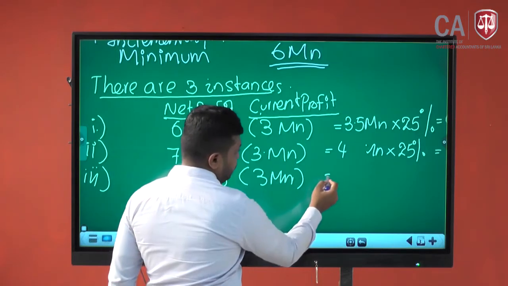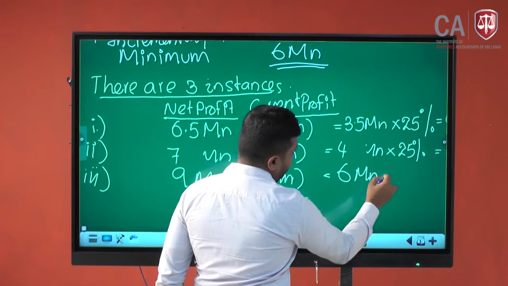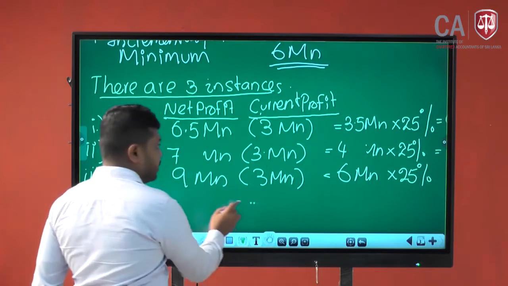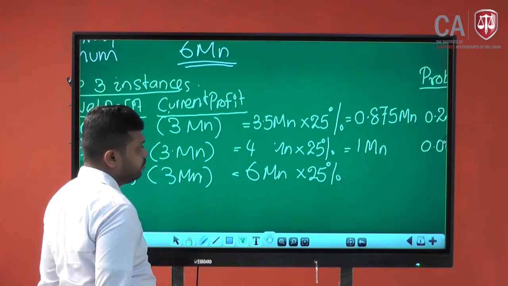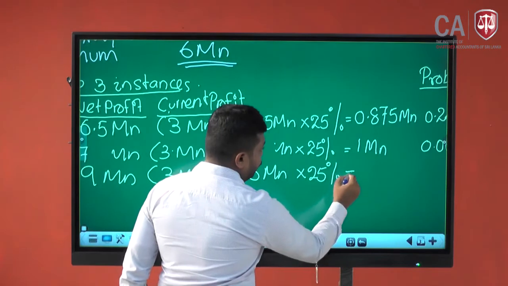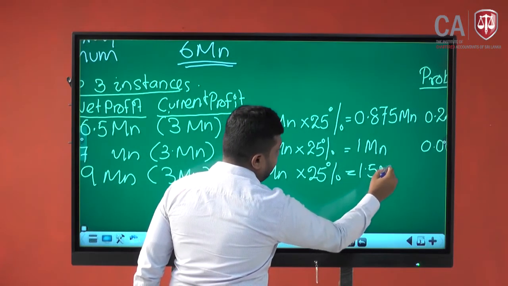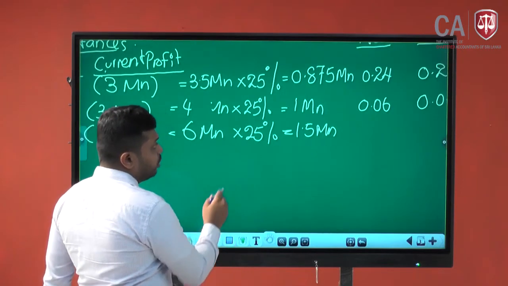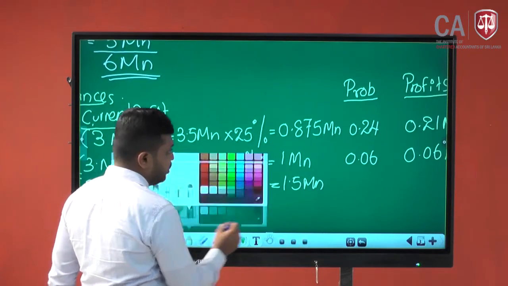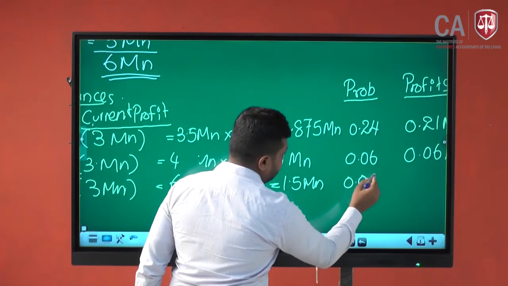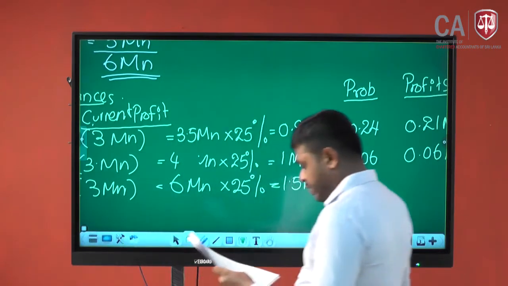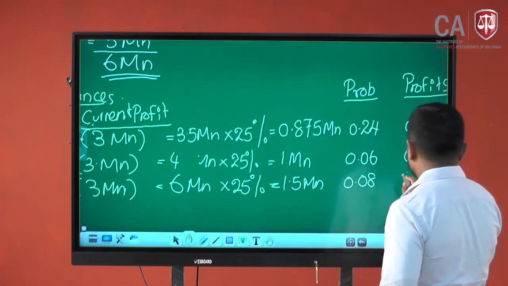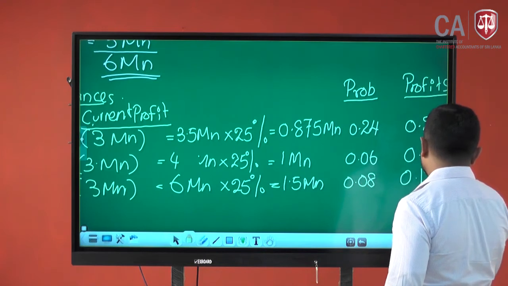Out of 6 million, 25% should be 1.5 million. Then the probability is given as 8%, so it should be 120,000, 0.12 million.